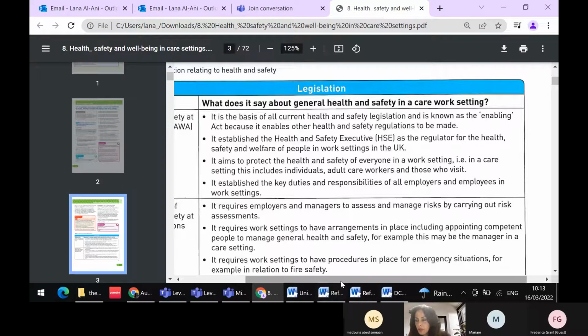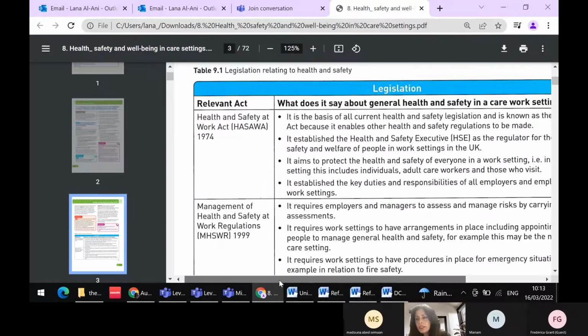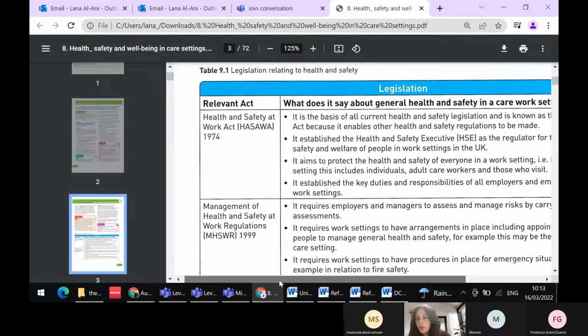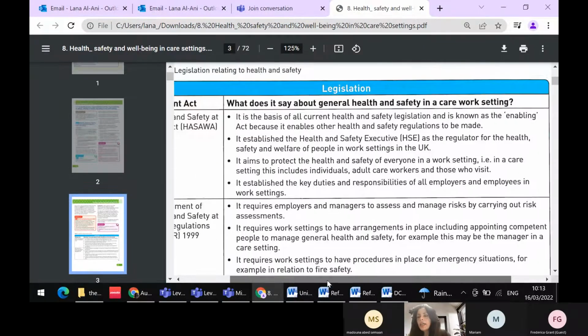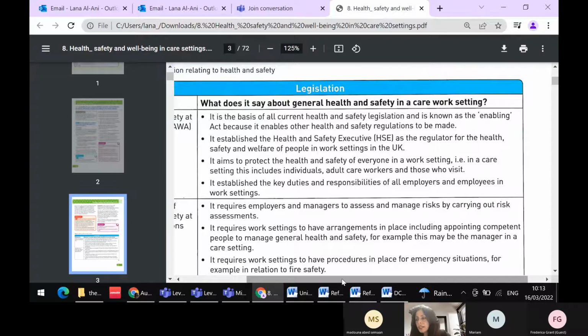It enables the Health and Safety Executive as regulator for health and safety and welfare of people in work settings. So it is an enabler regulation.